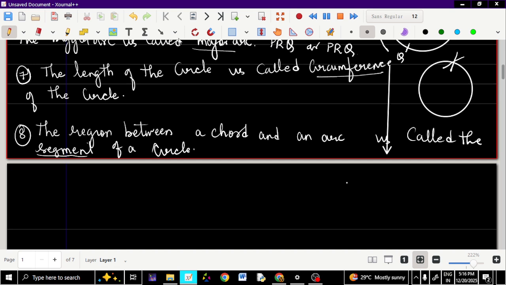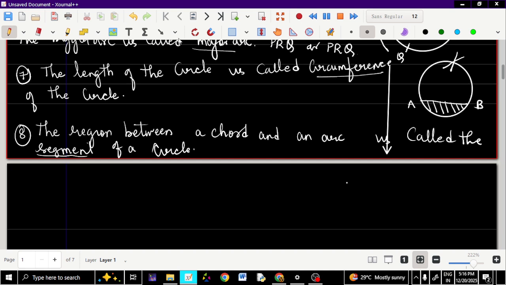So the region between, let's say I have a chord here, I'll take this circle only, the region between the chord and the arc is called the segment of the circle.